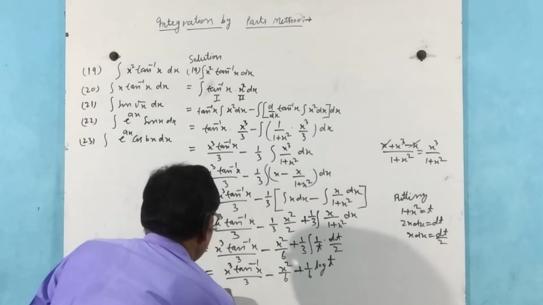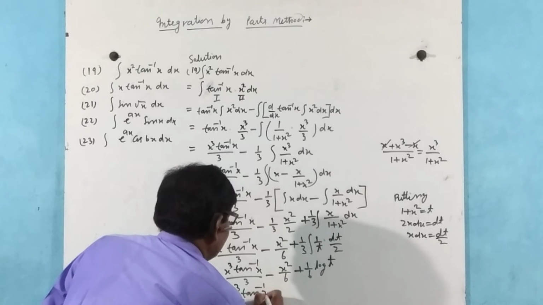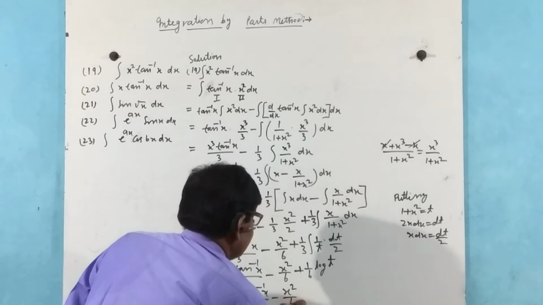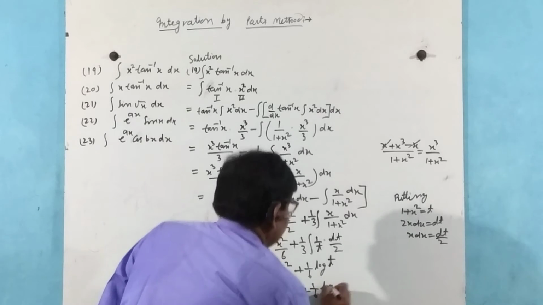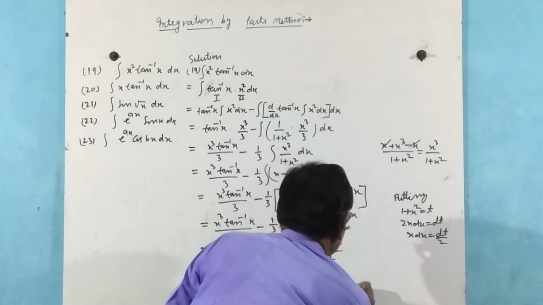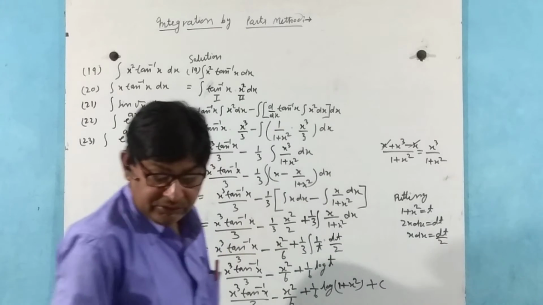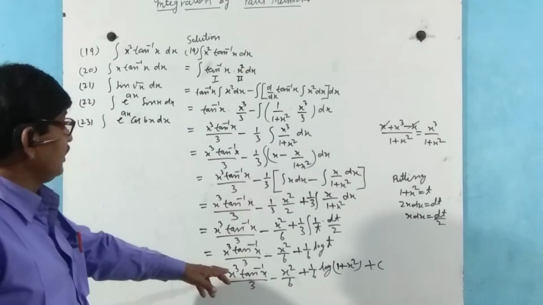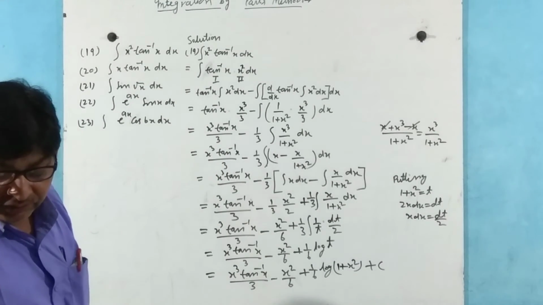Putting the value of t as 1 plus x square, the result is x cube tan inverse x by 3 minus x square by 6 plus 1 by 6 log of 1 plus x square, plus the integration constant c. This is the integration of x square tan inverse x dx.